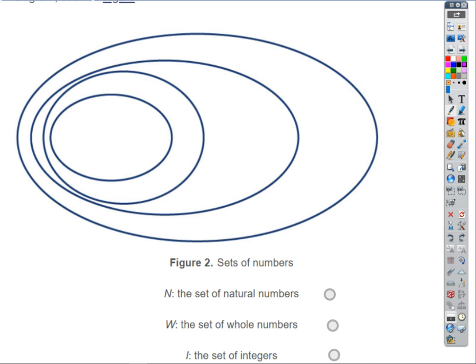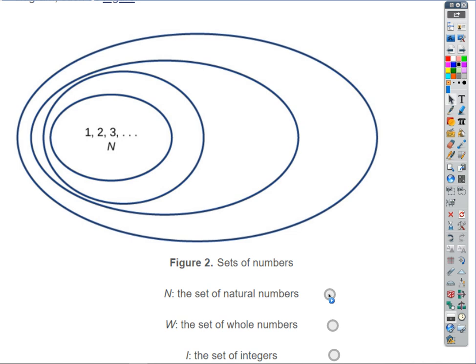How come it's the smallest? Okay, good, it's the smallest subset, isn't it? Everything else, all the other ones except for Q prime, include N. Smallest infinite set, I know it's a weird thing to say, but it's the smallest infinite set. So that's gonna go there, right?